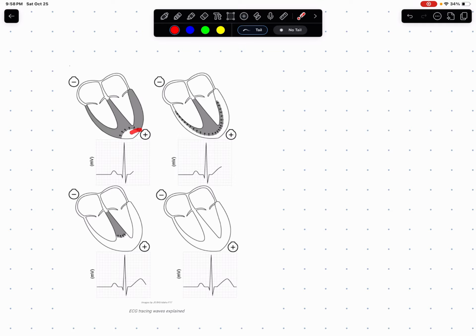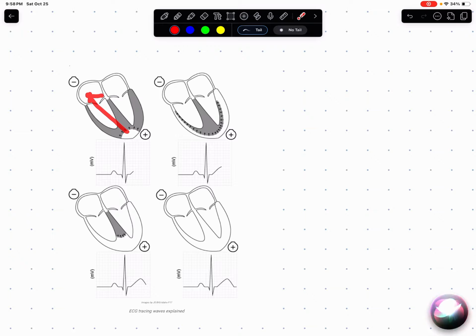So the ICF is getting negative again. The ECF is getting positive again. So you got this positive charge from the ECF because that's what we're monitoring. It's not like we can monitor the inside.